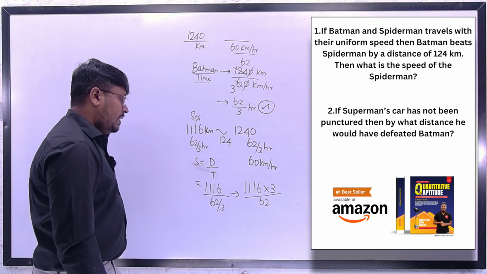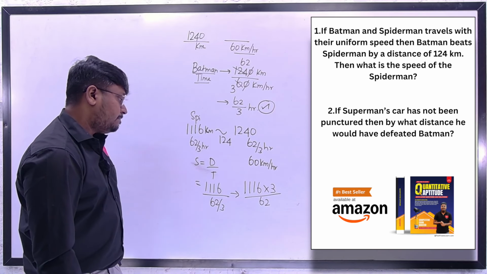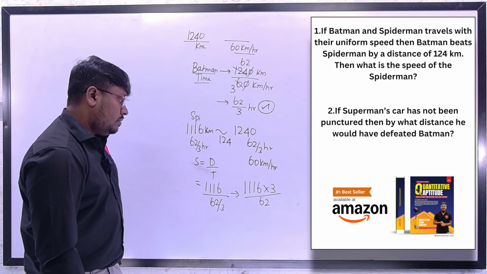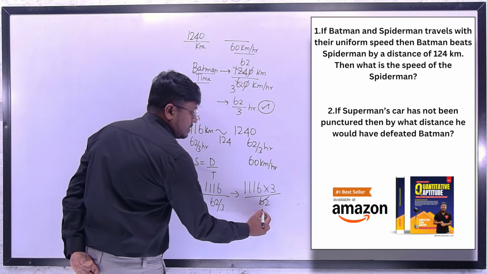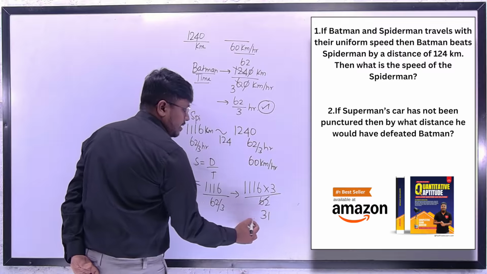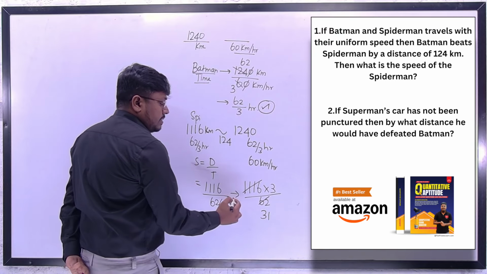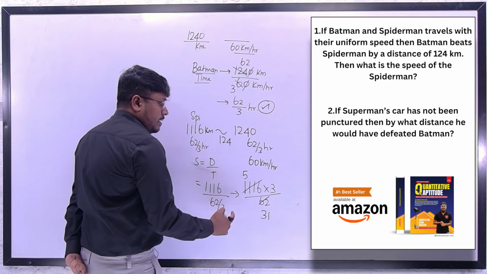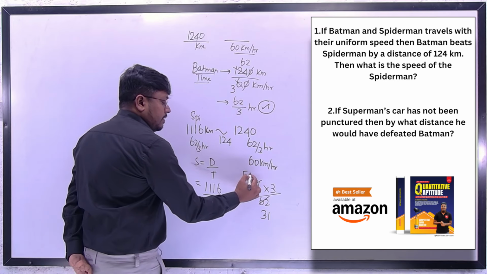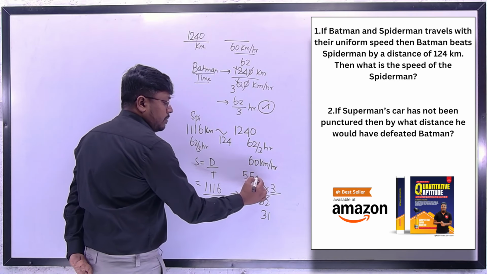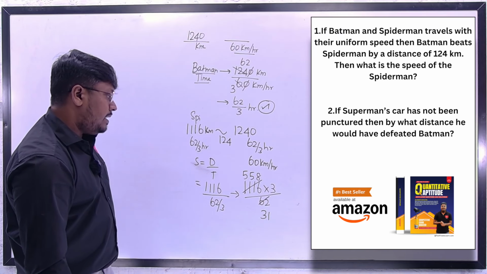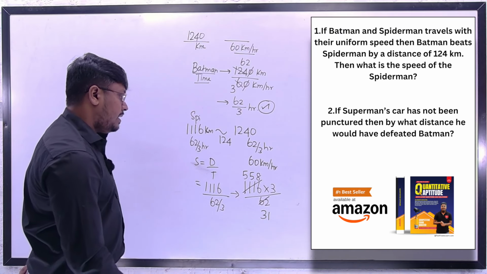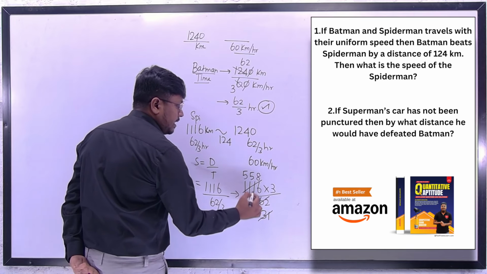So I think we can calculate this on... Okay, let's cancel this on 2 table. This will be 31, right? So once you cancel this on 2 table, 5 2s are 10. So remaining will be 1. Again 5 2s are 10. Remaining will be 1. 8 2s are 16. So 558. So I think we can cancel again directly by 31 table.